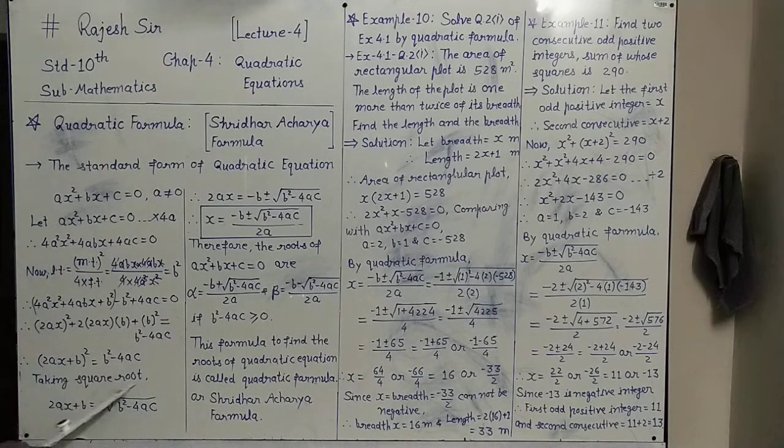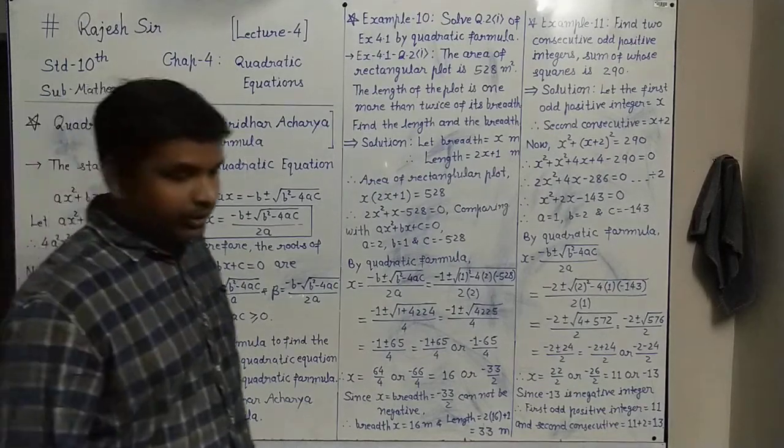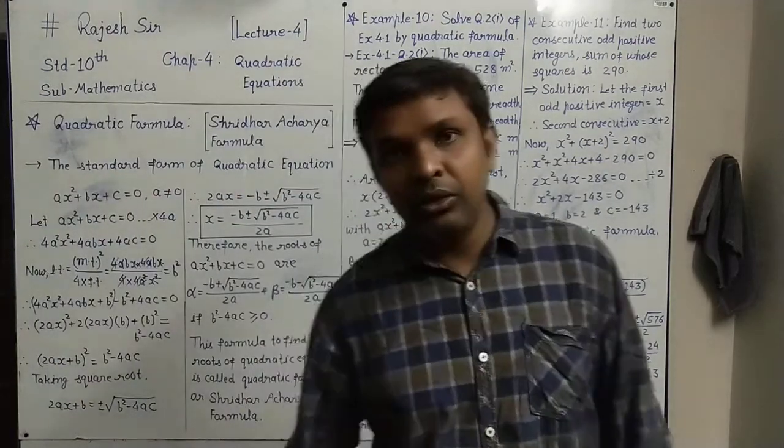Now taking the square root on both sides, the square root and this whole square will be cancelled, so it is 2ax plus b equals, and this will be the root of b square minus 4ac, and it is plus minus. You know, the root of any number will be plus or minus also.